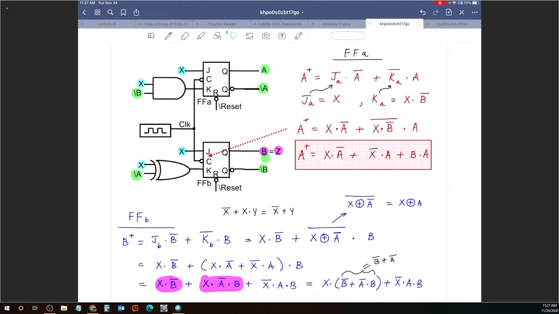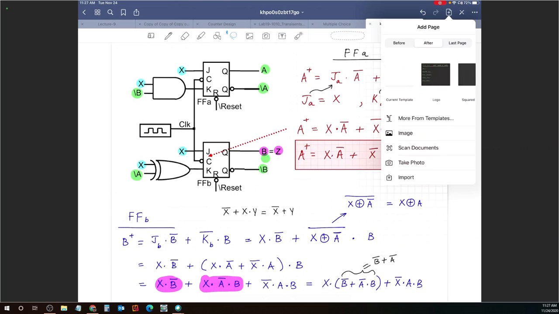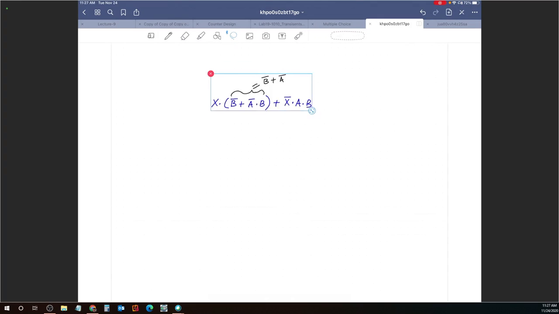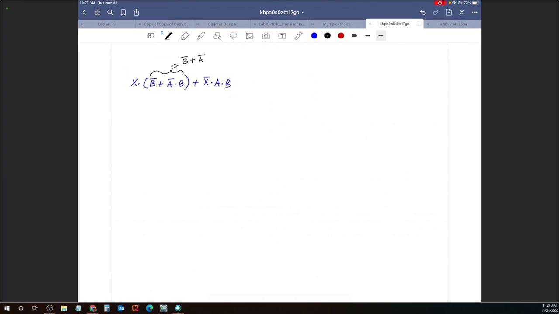So I'm going to grab this and move to the next page. So all of this is for B plus. All right, so now let's see.